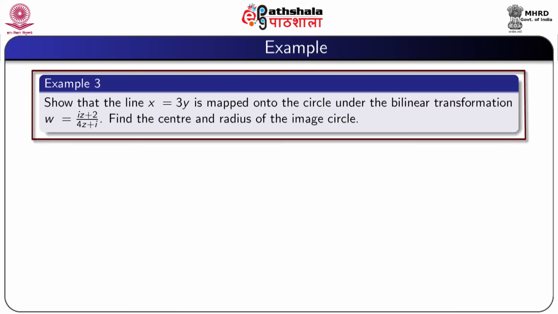Another example: show that the line x=3y is mapped onto a circle under the bilinear transformation W=(iz+2)/(4z+i). Also find the center and radius of the image circle.